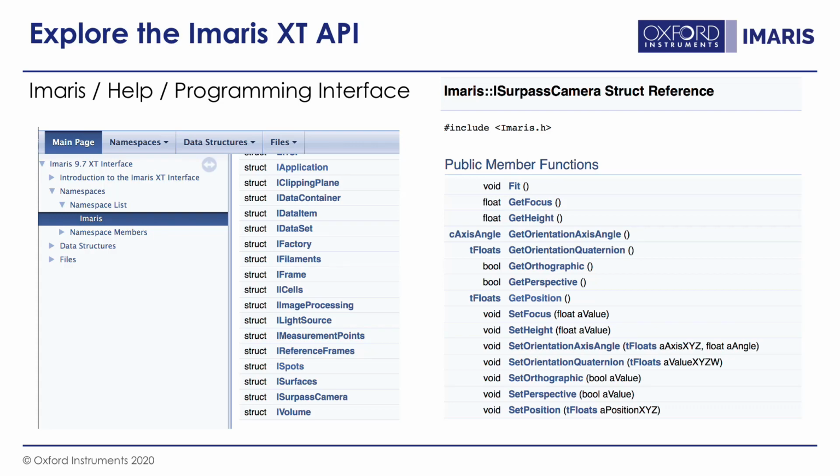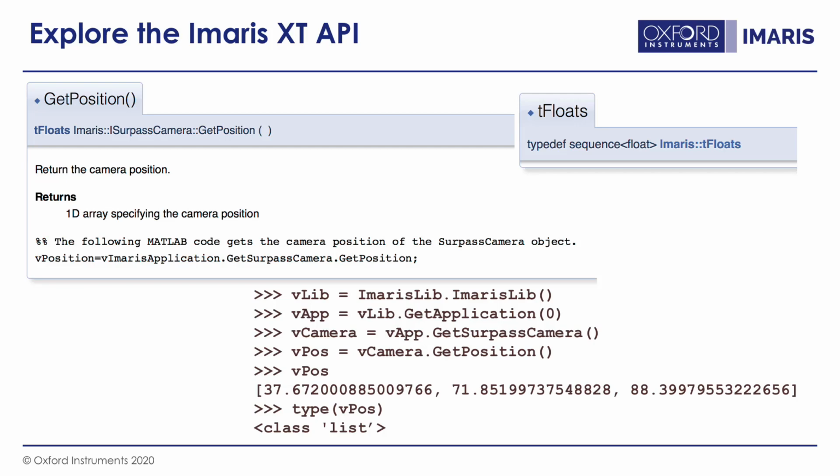If you then click, for example, on the iSurpassCamera, you'll get a list of the methods that this class has. For example, the Surpass camera is the camera in Imaris, so you can set a position, an orientation, and other things. If we now look at the position, we'll see the interface of this method.